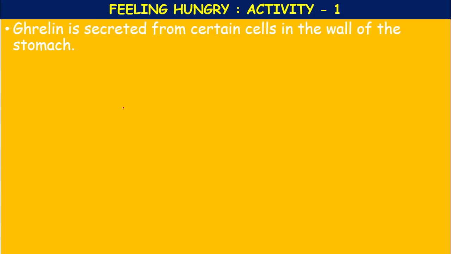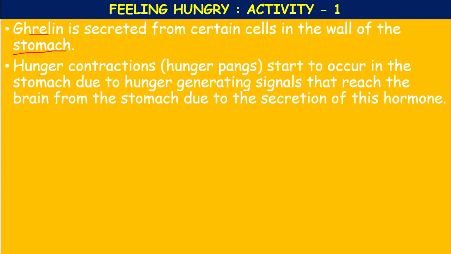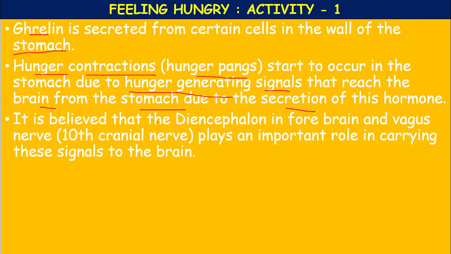This hormone ghrelin is secreted from certain cells in the wall of the stomach. So hunger contractions, that is hunger pangs, start to occur in the stomach due to hunger generating signals that reach the brain from the stomach due to the secretion of this hormone.